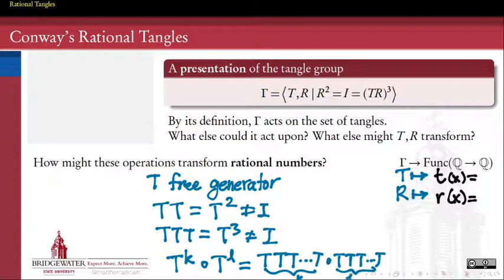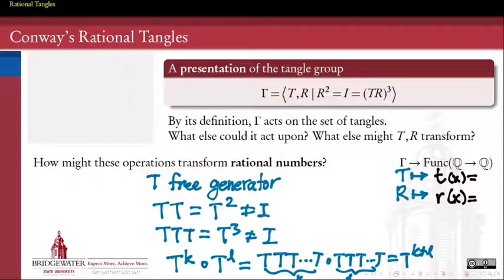T to the K plus L. Yeah, I really just need to get K plus L. And that needs to be true of the function little t of x that we're using for this as well, right? So we need to have this nice property be satisfied by this function that we're getting. We need this nice additivity. That if I do this thing k times and then I do it L more times, that it's the same as if I just did it k plus L times to begin with.